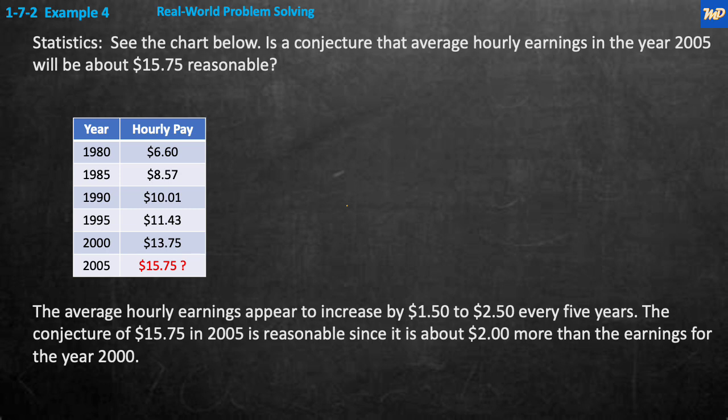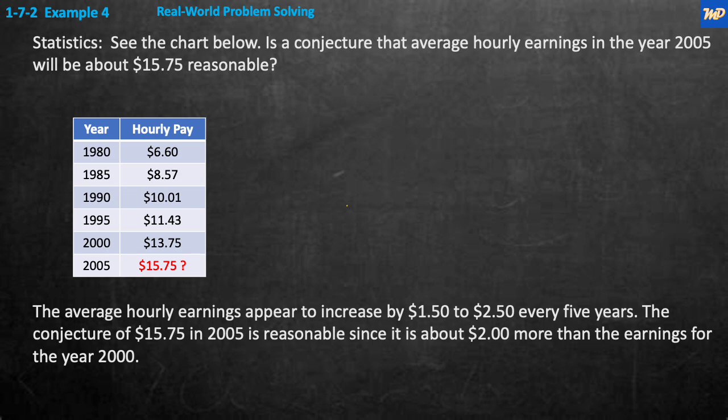So if we go from 1980 to 1985, we went from $6.60 to $8.57. Well, that is about $1.57 plus 60 cents, and it's around $2. So let's see where we go from there. For the next period, from 85 to 90, we go from $8.57 to $10. So that's from 9 to 10 is $1, and we're about $1.40.